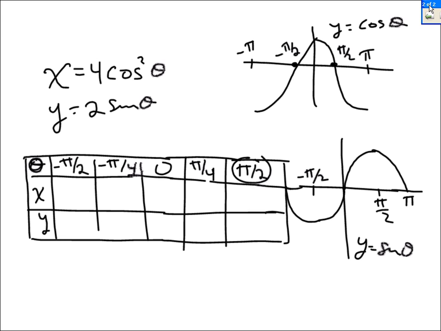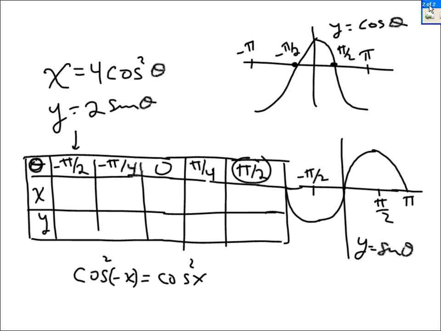Now, when it comes to x, it's an even function. Whether you square cosine of x or cosine of negative x, you get the same answer. Remember, cosine of negative x was just cosine of x. And if you happen to square them, they'll still be equal.